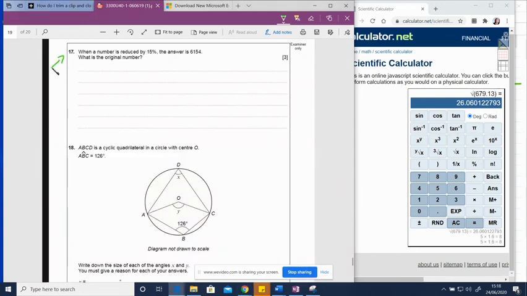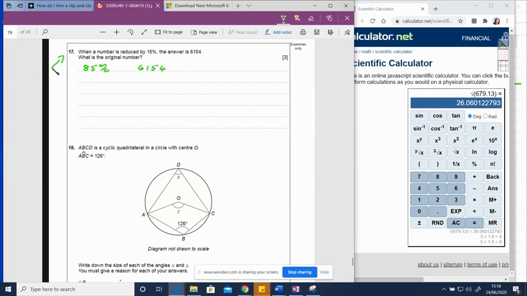Coming on to question 17, it asks us: when a number is reduced by 15%, the answer is 6154. What is the original number? Well, let's think about this for a minute. When a number is reduced by 15%, the answer is 6154. That means 85% of the original number is 6154.